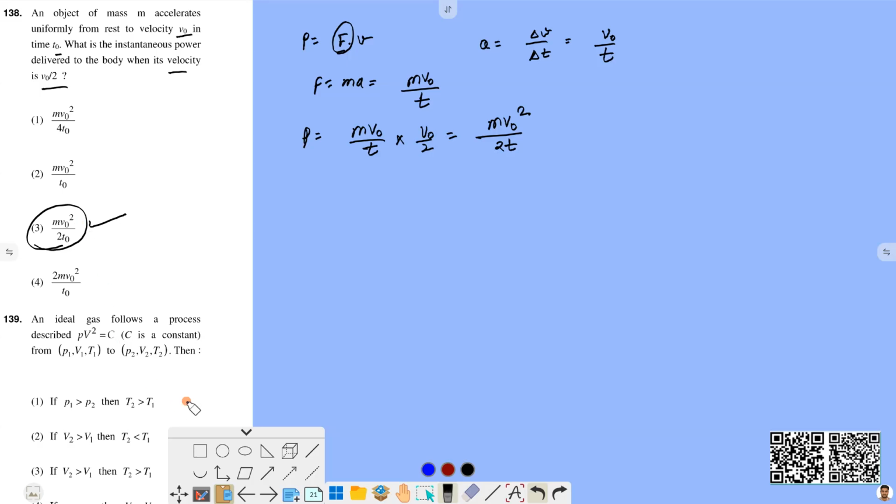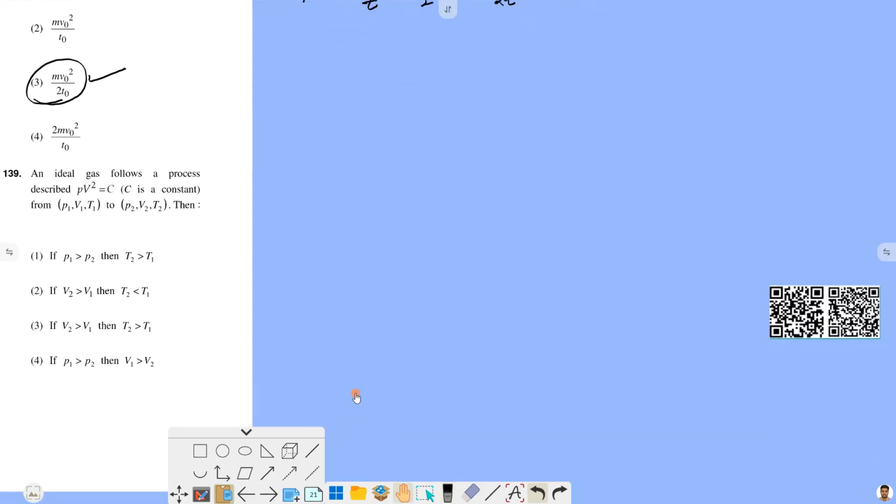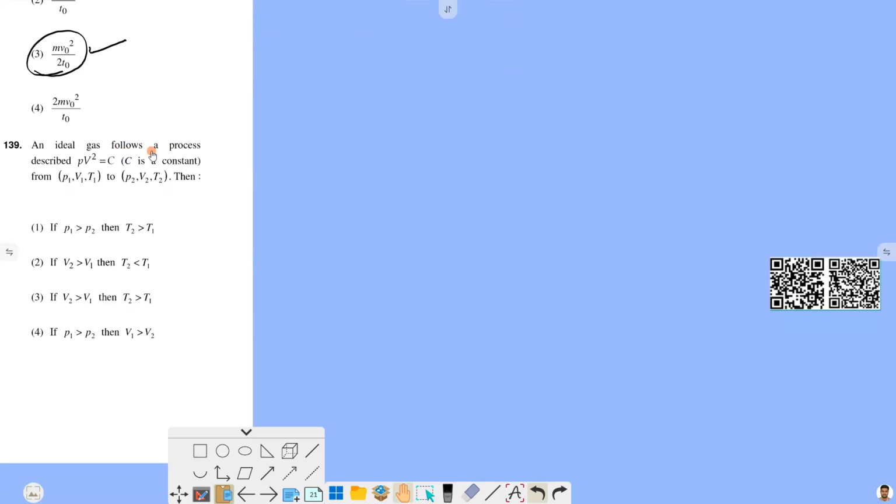Now let us move ahead to the next one, 139. An ideal gas follows a process described by PV square is equal to C, where C is constant. Then from P1 V1 T1 and P2 V2 T2, we have to find which of the relations holds true here. So as mentioned, PV square is constant, and this is for ideal gas. For ideal gas we also know that PV is equal to nRT. So from PV square is equal to C, let's find out value for P, that P is equal to C by V square.